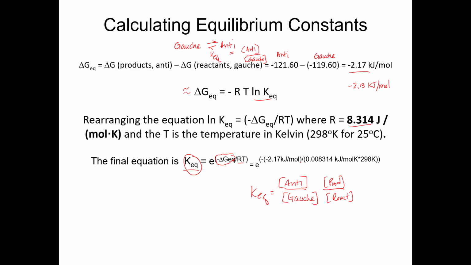Once you figure out the delta G and what KEQ it gives you, from the KEQ you can calculate the percentage. I'm not going to go through the math on that. You create a chart, which is what I create.